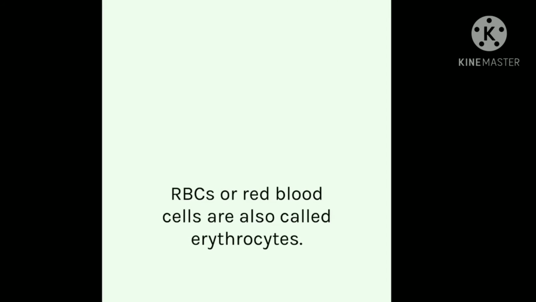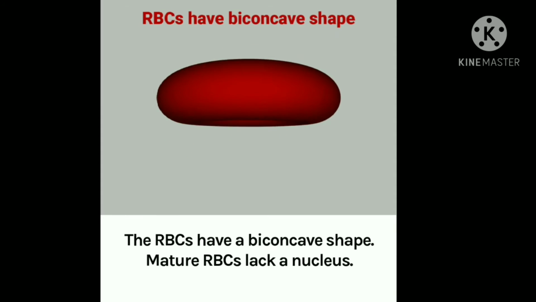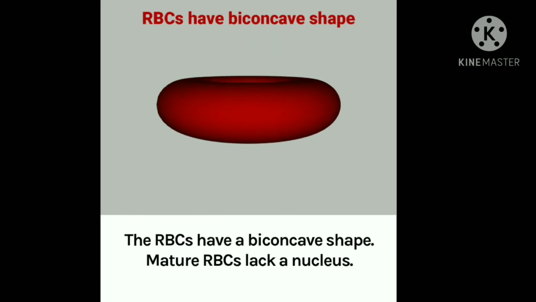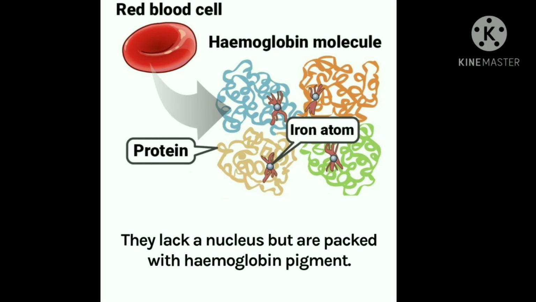Okay. Now red blood cells or RBCs. The RBCs, the red blood cells, have a biconcave shape. Mature RBCs lack a nucleus.